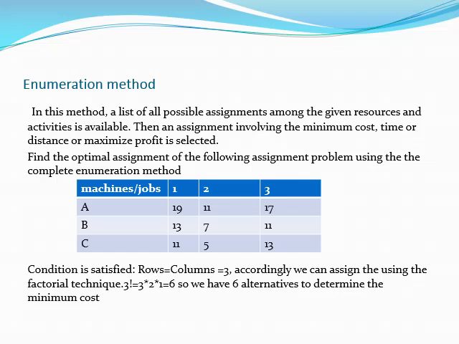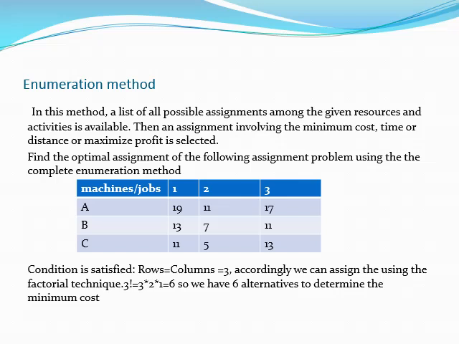If we assign machine B to apply job 3, then it will cost us $11, and the remaining job to be implemented is job 2. Now it's free, so job 2 will be assigned to machine C. This is a random solution.